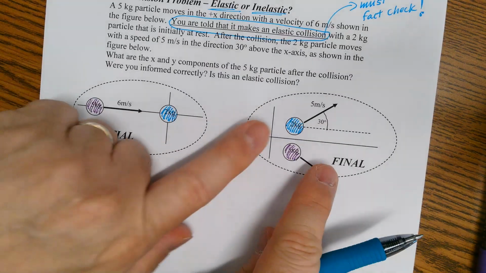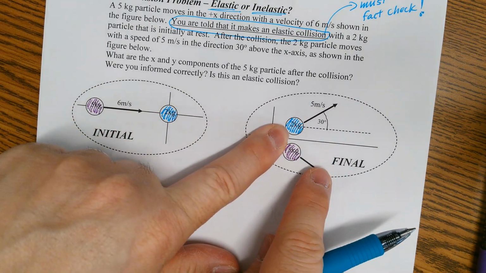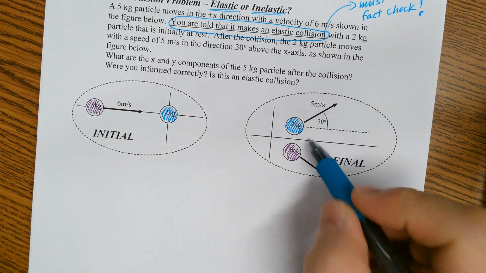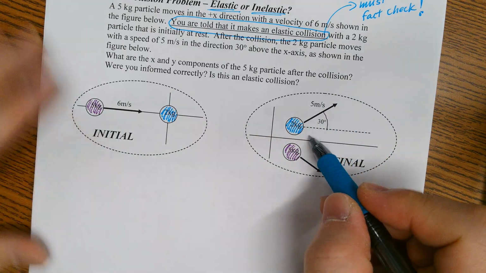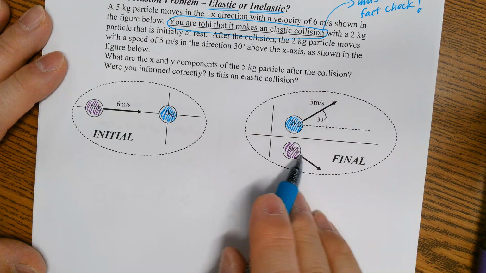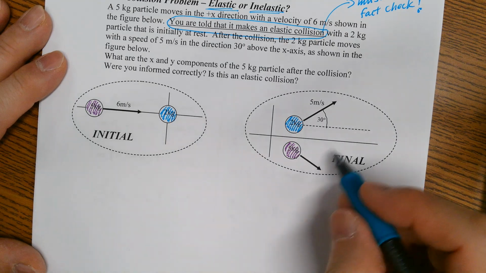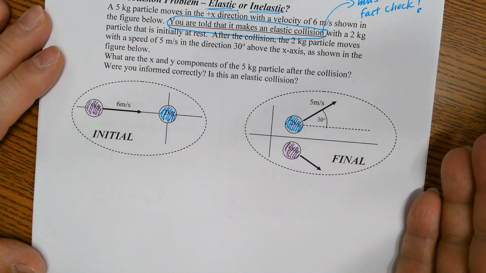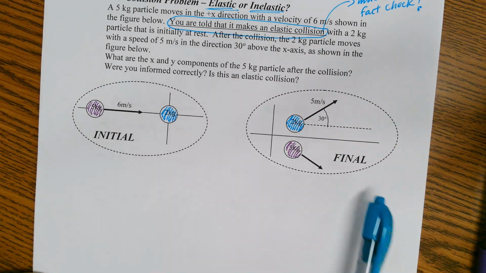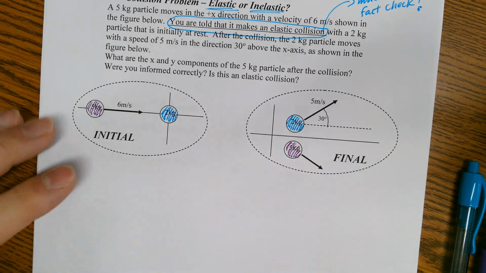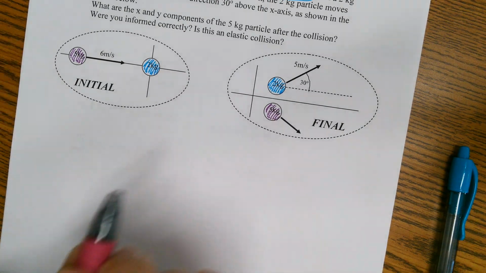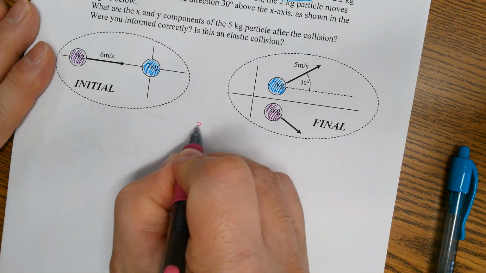So here, if you take a look at this, we know that this 5 meters per second at 30 degrees is going to have x and y components. And so is this. This is also going to have x and y components. So you have to break them up. Let's think about what's happening. I'm going to divide this into two parts.